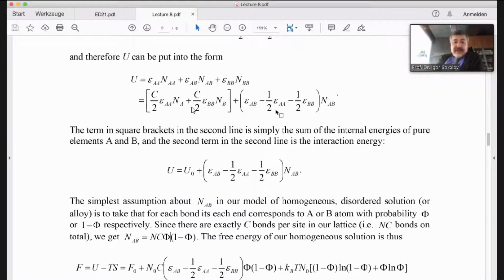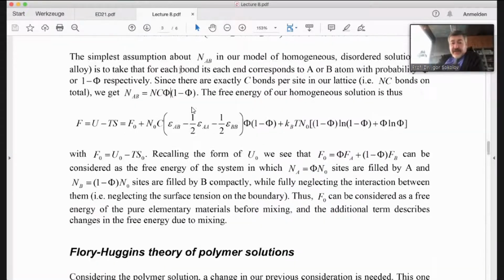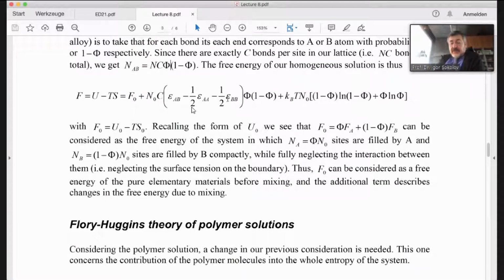And the rest has a structure: this energetic parameter, times phi 1 minus phi, the probability, if you have a disordered situation, to have a pair of two different atoms, and then this sum of translational entropies of your system divided by KBT.